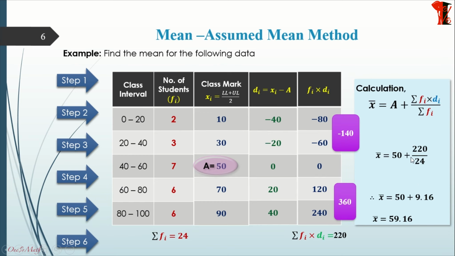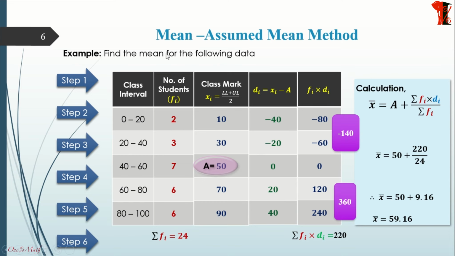First always divide these two and get a number, then add that to the assumed mean. That will be easy. Don't go for LCM here. Divide 220 by 24, you get 9.16. Add 50 and 9.16, you get 59.16. We got the same answer as with the direct method formula, so there won't be any difference in the final answer.